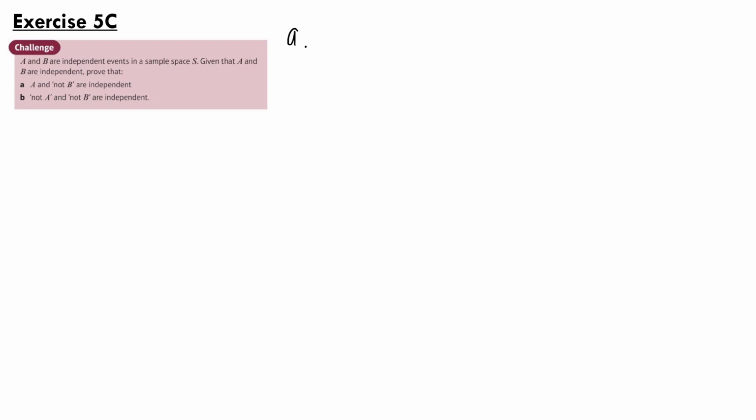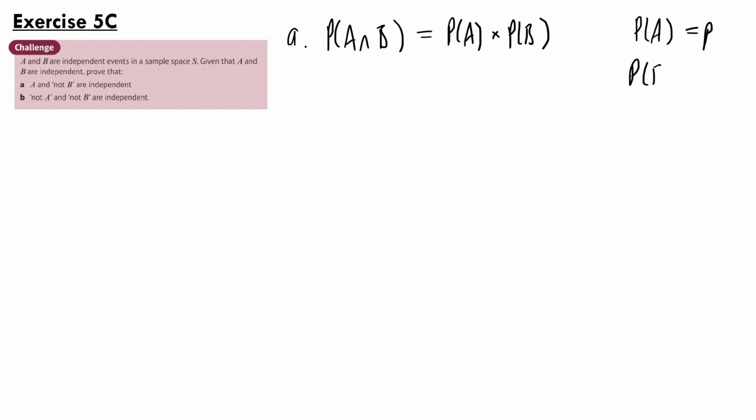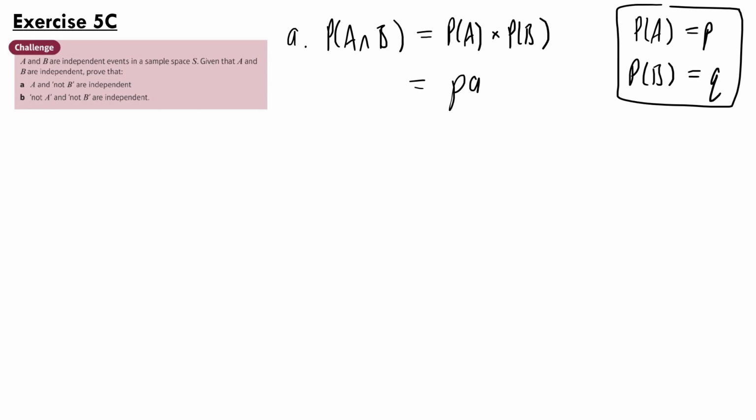So, if we know that A and B are independent, that means the probability of A intersection B, so the probability of them happening at the same time, is equal to the probability of A times the probability of B. Okay, and if we let the probability of A equal, let's say, P, and the probability of B equal Q, then we can write this as PQ.